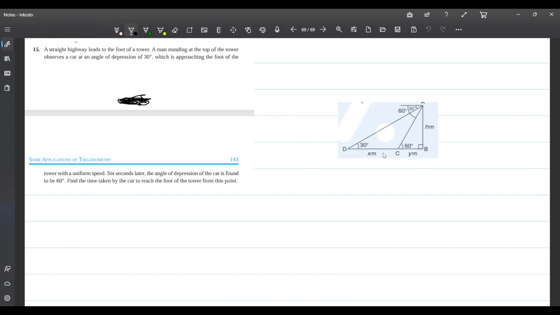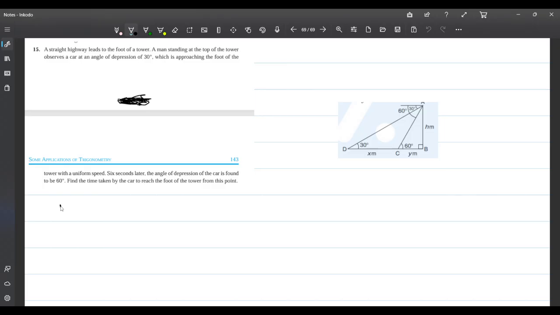So let AB be the tower on the top of which a man is standing, and we have to find the angle of depression to the position D of the running car, which is 30 degree, and after 6 seconds the angle is found to be 60 degree.